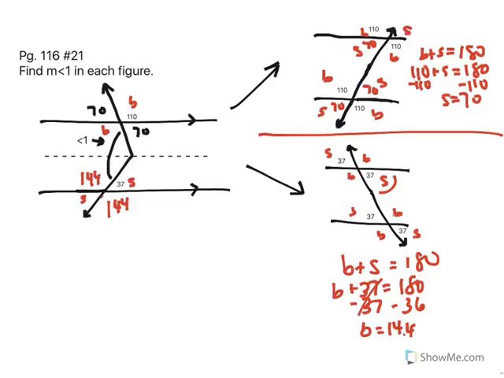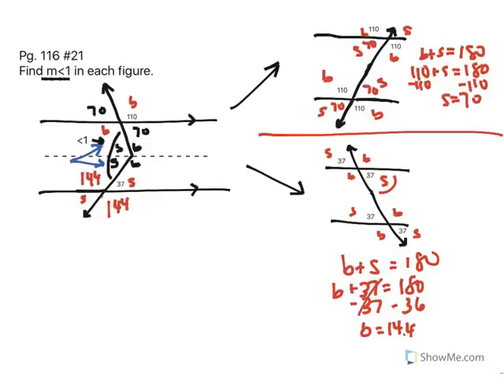We're trying to solve for the measure of angle 1. So we're trying to find this big angle right here. I know that my small angles in the bottom are 37. This is a small and this is a big, and on the top, this is a big and this is a small. So I basically just need to add together the small from the top and the small from the bottom.